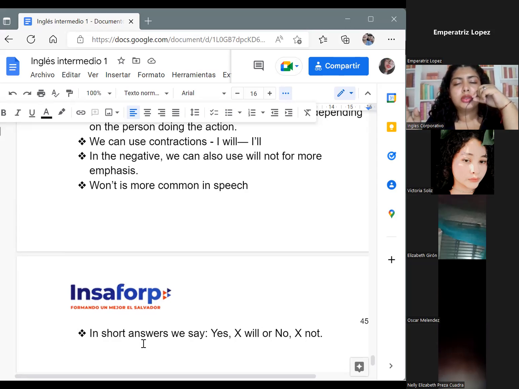Y va a pasar con otras tantas como el do, el has, el is, que le vamos a agregar esas como feedback de la estructura a nuestra respuesta. And we are going to see some examples in a positive, negative, and in question of this structure and how to create this kind of sentence.